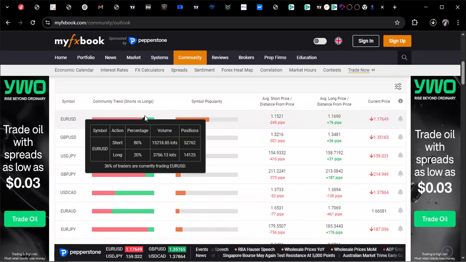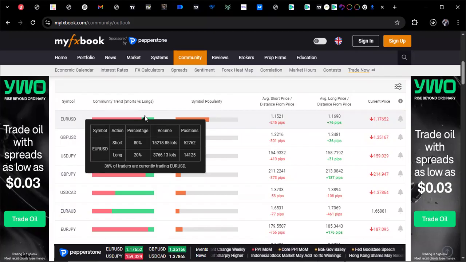You can see 80% of active traders right now on Euro USD are selling and 20% are buying. So you can tell that the sentiment here is bearish for Euro USD. We have a volume of 15,000 lots active on the trade right now.